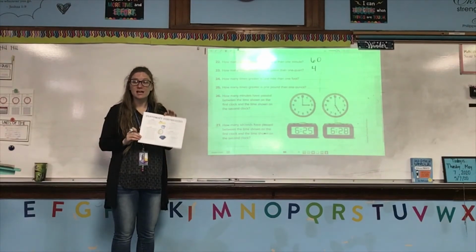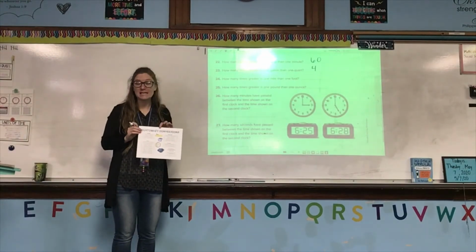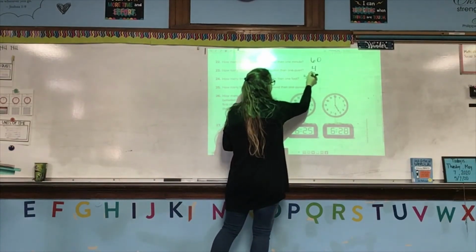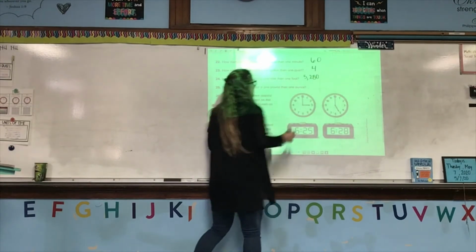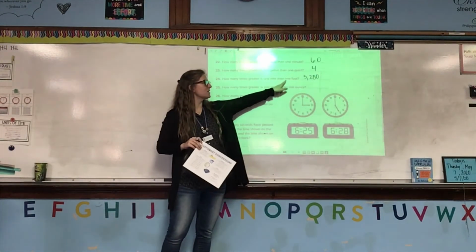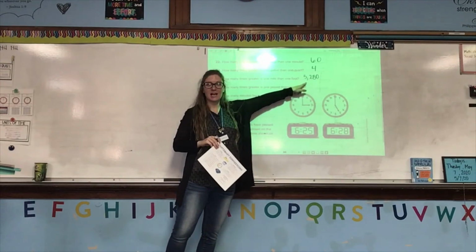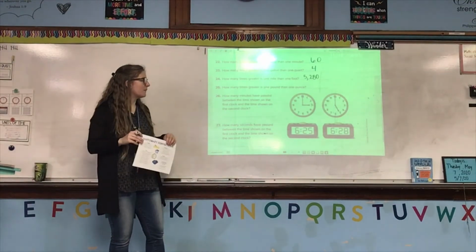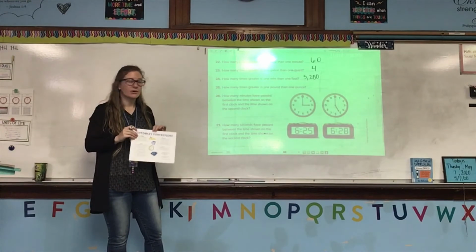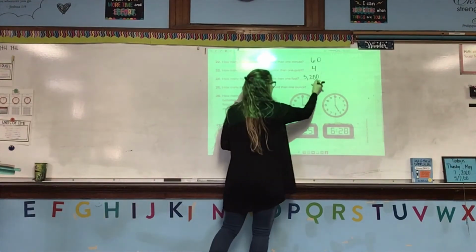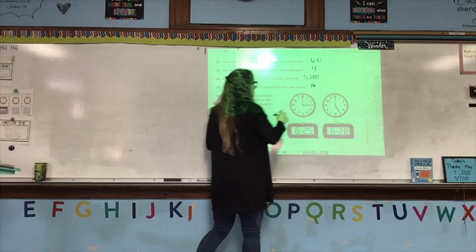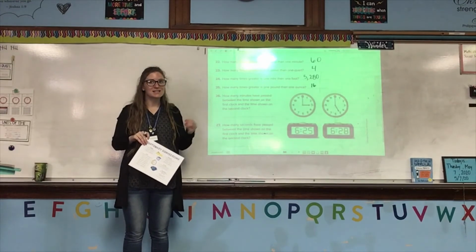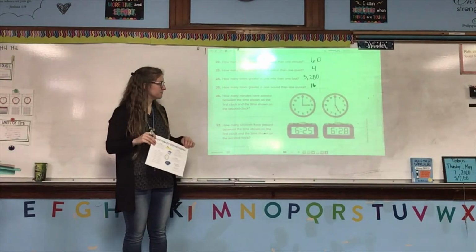Well, our conversion chart tells us that there are 5,280 feet in 1 mile, so that means a mile is 5,280 times greater than 1 foot, because we would repeat 1 foot 5,280 times, and then we'd be a mile away. Number 25, how many times greater is 1 pound than 1 ounce? Well, our conversions tell us that there are 16 ounces in 1 pound, which means that 1 pound is 16 times greater than 1 ounce, because if you repeat 1 ounce 16 times, you're going to have a pound.